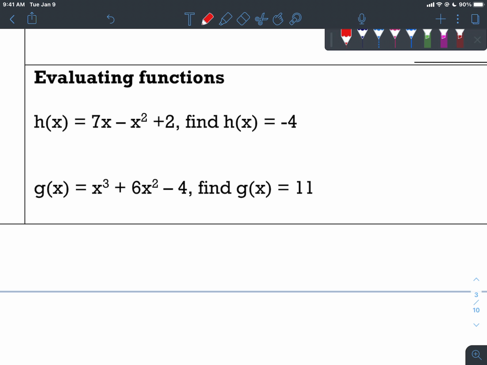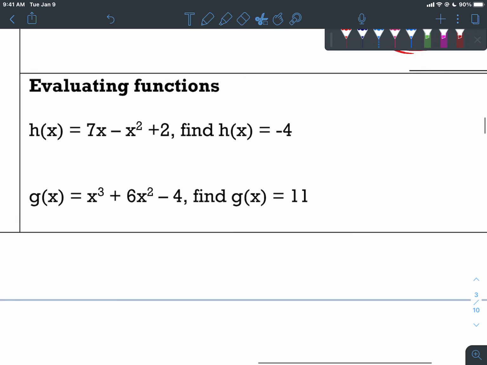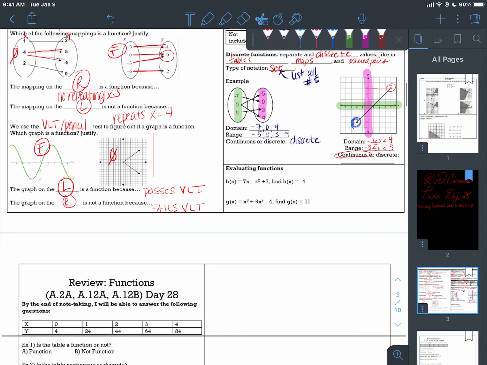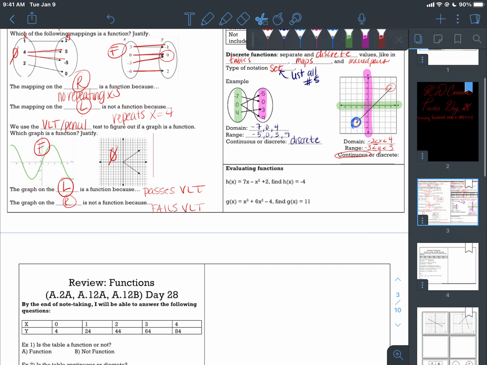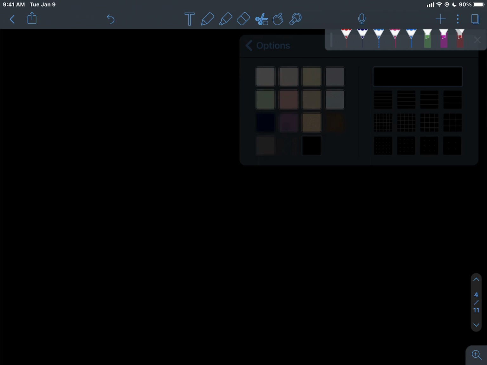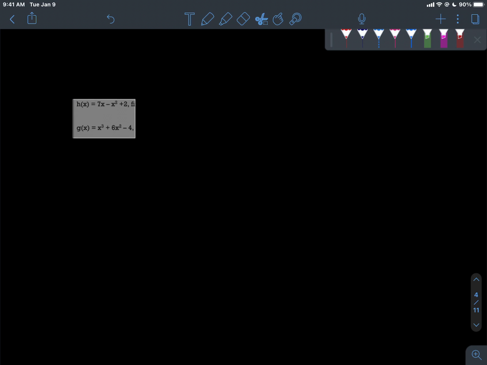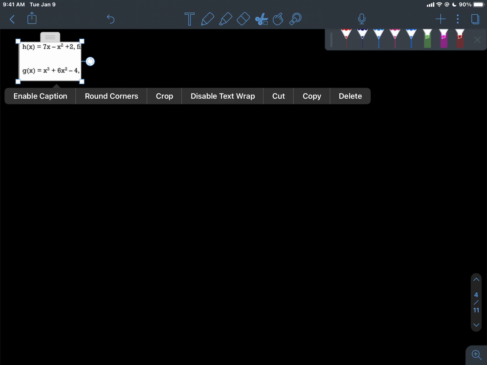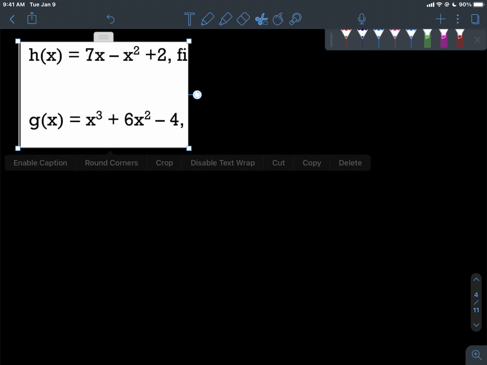Okay, so first thing, let me go ahead and just copy down these two equations. Let me get me an extra sheet here. All right, so I have these two equations.